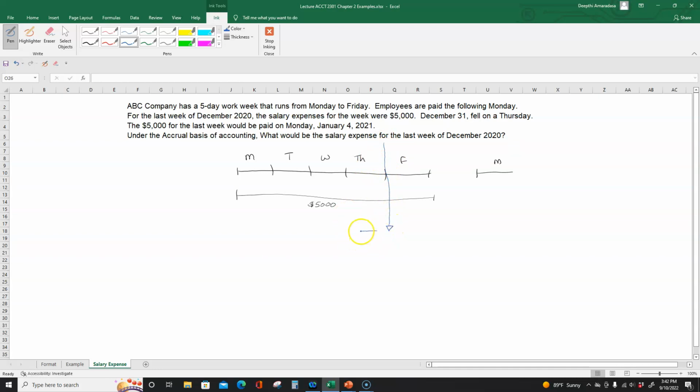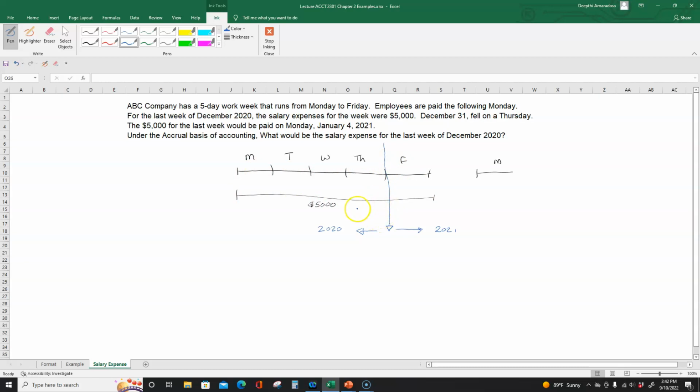So anything to the left of this is the year 2020, and anything to the right of this is year 2021. So the question says, what would be the salary expense for the last week of December 2020? So we know that this $5,000 was paid for the entire week, but the entire week was not for 2020.